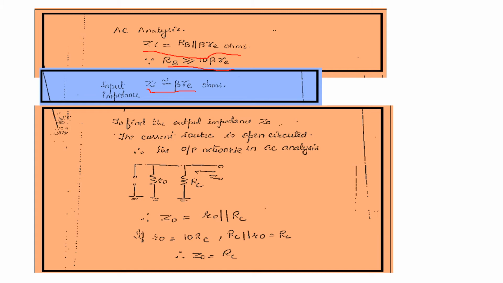To find the output impedance Z0, the current source is open circuited. Going to the previous slide, at the output terminal there was a current source, beta IB, in parallel with R0 and RC.